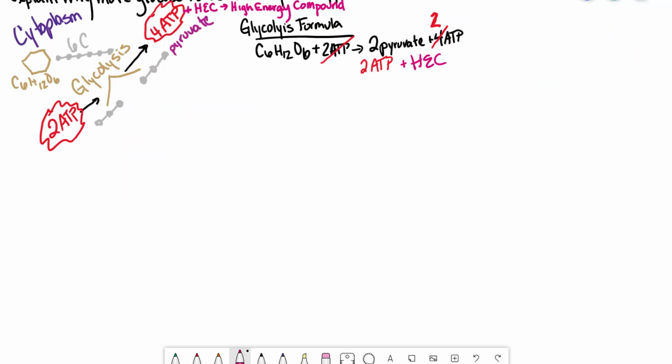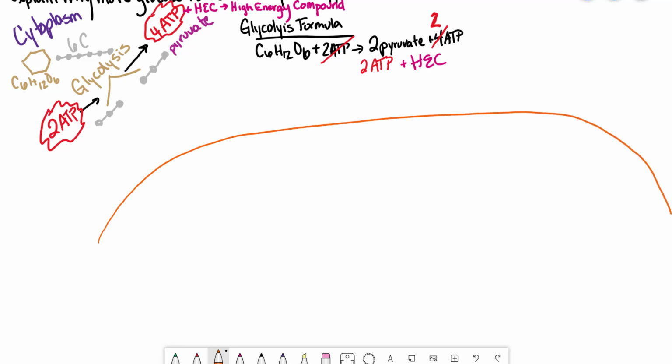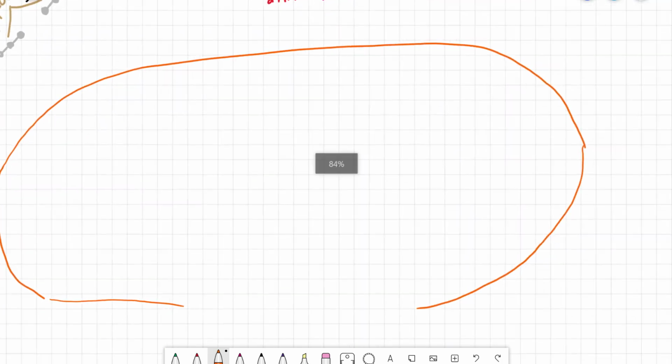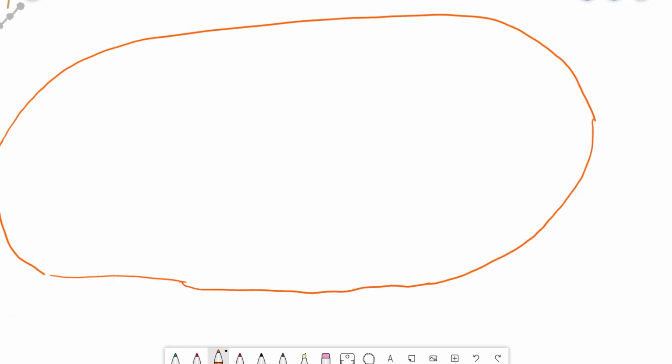Now I'm going to draw essentially a mitochondria. And a mitochondria, remember, looks kind of like a bean. I'm drawing that really large because everything is going to go in my bean. All right.